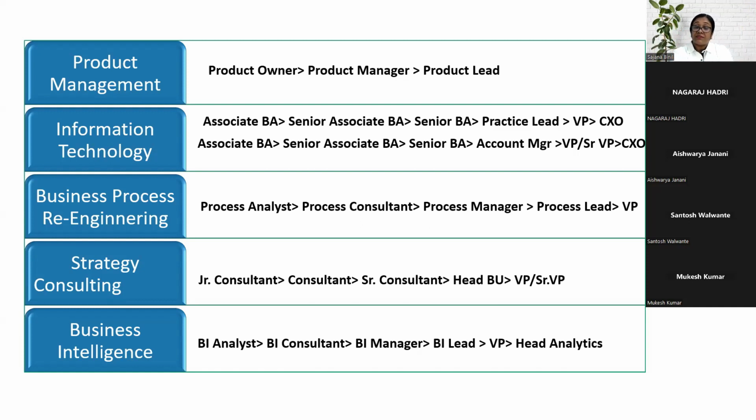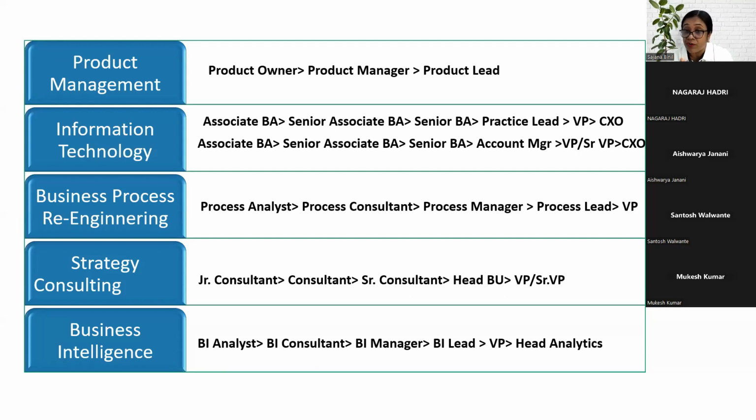Just like that, in business analysis, using the same skills and knowledge, you can get into any of these areas once you gain a little experience. Take product management: several of our students are working in product companies and are now experienced, in product owner kind of positions. There you can progress as product owner, product manager, and product lead.